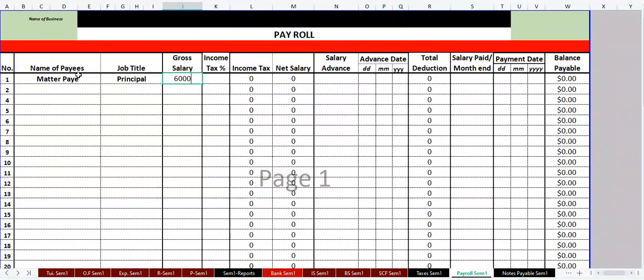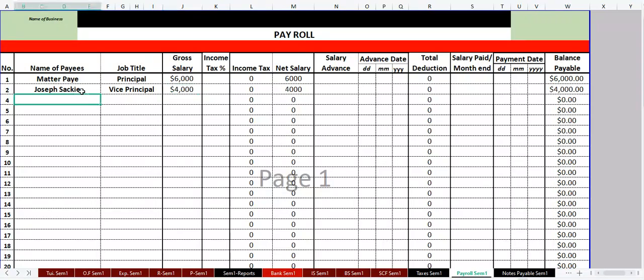Then we'll come to Joseph Saki. Joseph Saki is the vice principal, and the vice principal takes, let's say, 4,000.